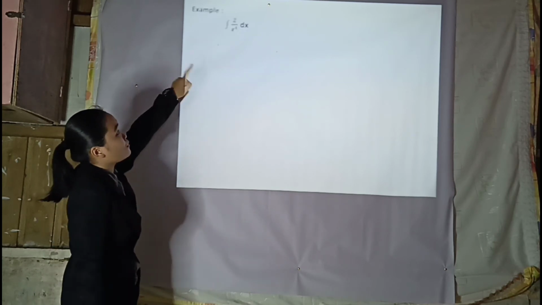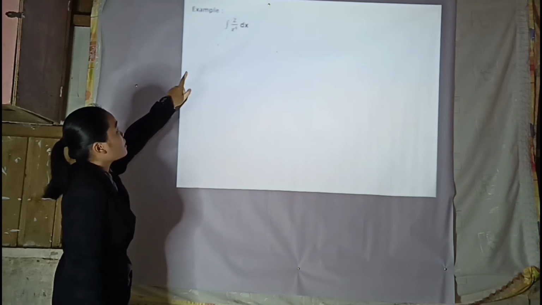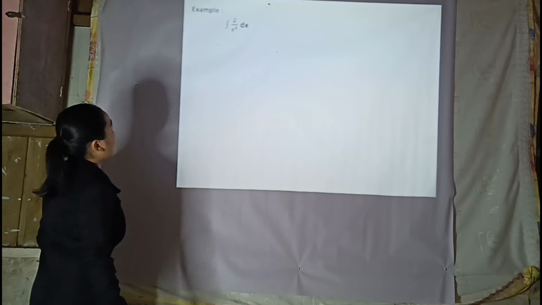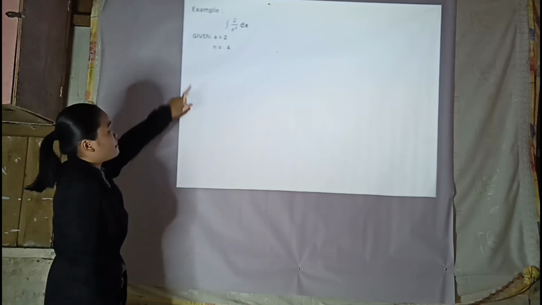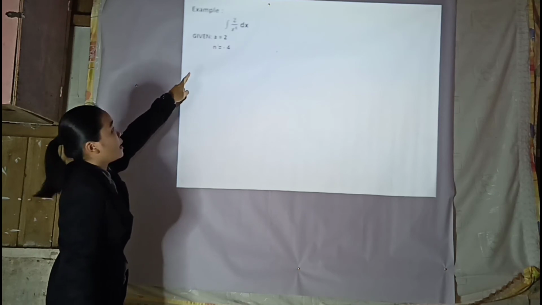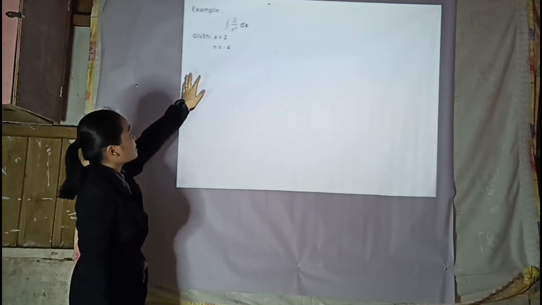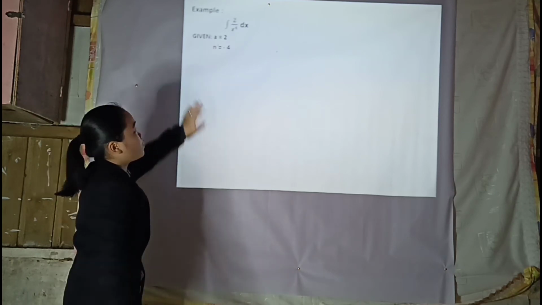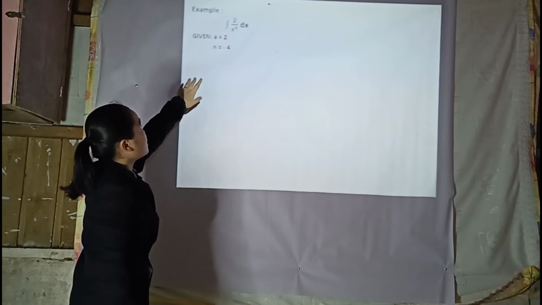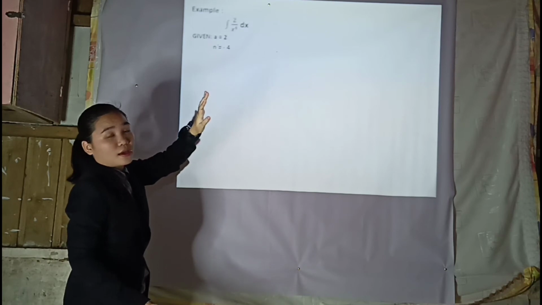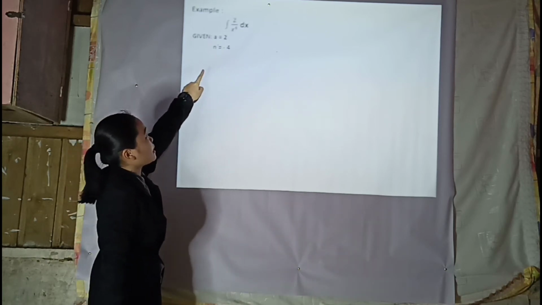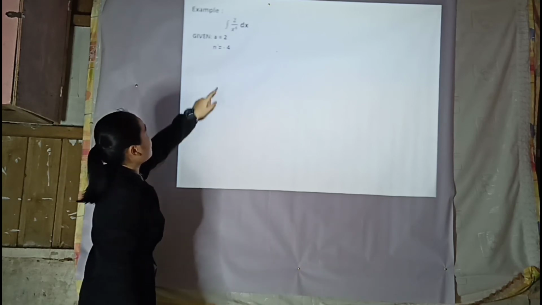The integral of 2 over x raised to the power of 4 dx. So, the given: our a here is 2 and the value of our n here is negative 4, since if we reciprocate x raised to the power of 4, it will become x raised to negative 4. So, our exponent is negative 4.